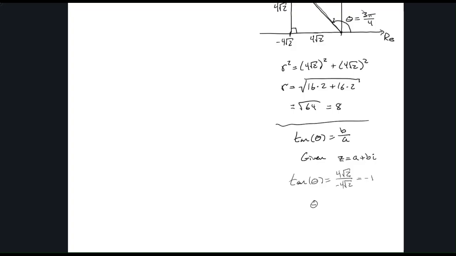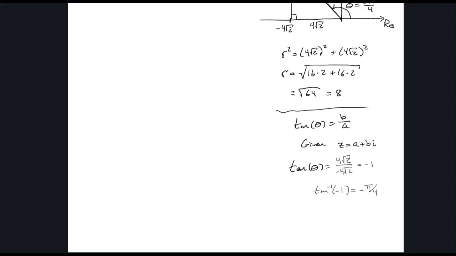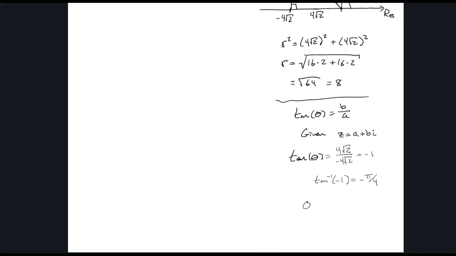And if we tried to move the tangent to the other side, tangent inverse of negative 1 would output negative pi over 4 due to the range of tangent inverse. So we would want to add pi to that, to rotate us around to the second quadrant is the idea.